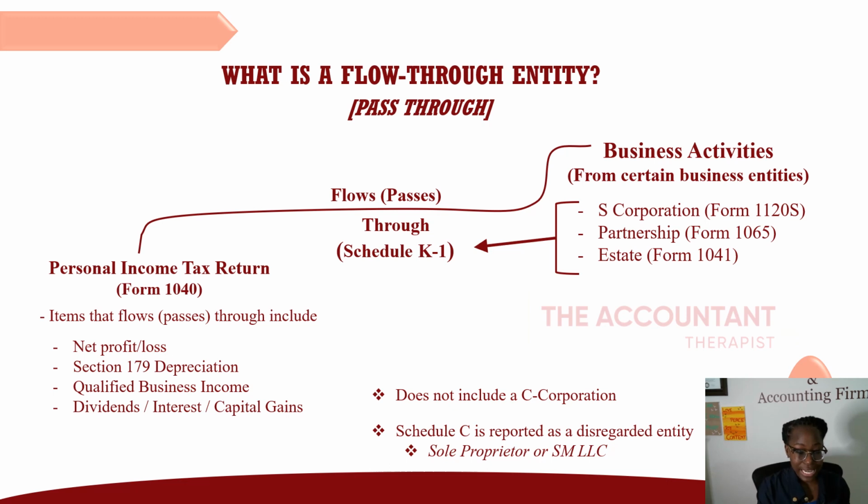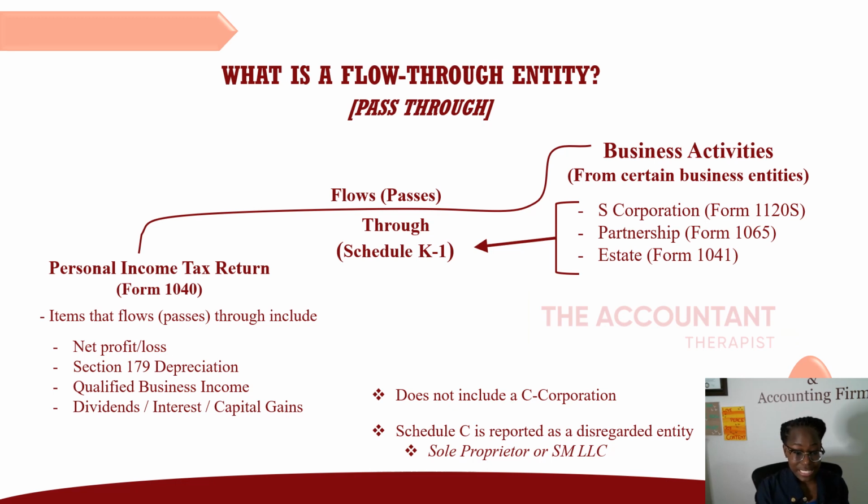And as it pertains to, let's say you are a sole prop or a single member LLC, technically you are a flow-through entity, but for tax purposes you are referred to as a disregarded entity. Therefore, your activities are reported on a Schedule C, which is also reported as part of your Form 1040.